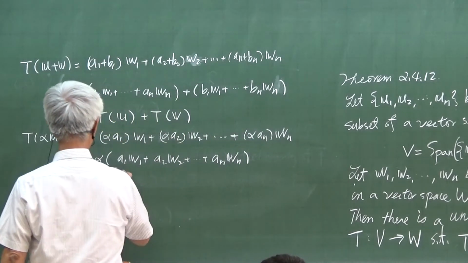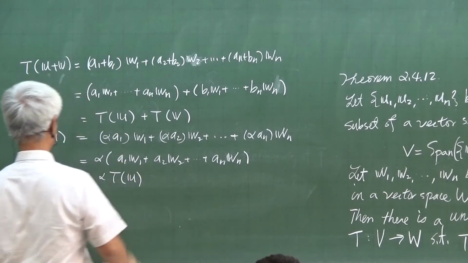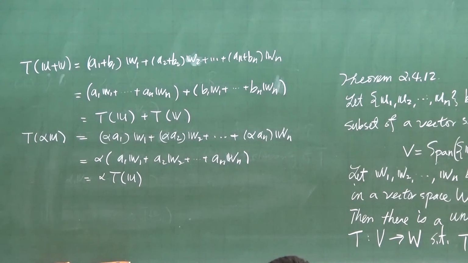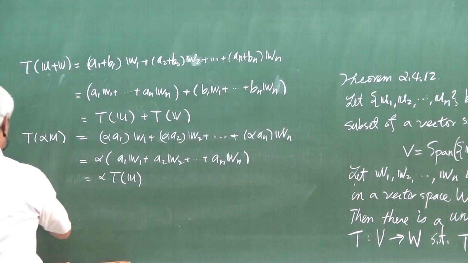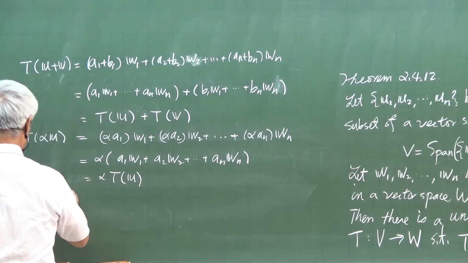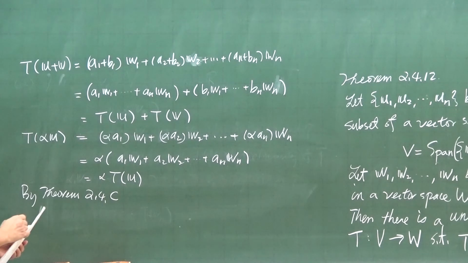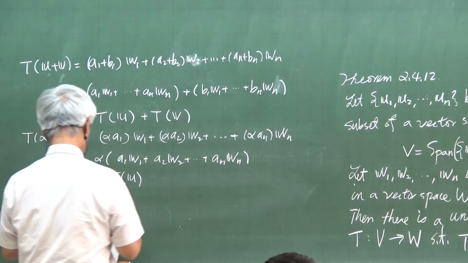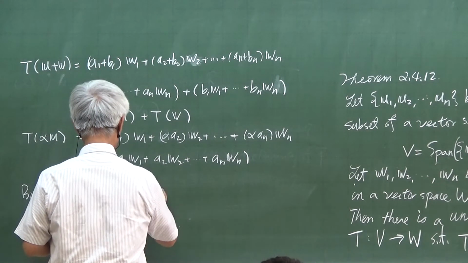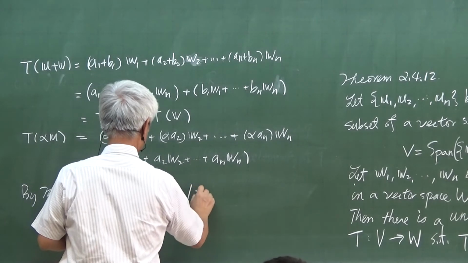And this is alpha TU. So now with these two results, by theorem 2.4.C, we just proved last week, T is a linear transformation.